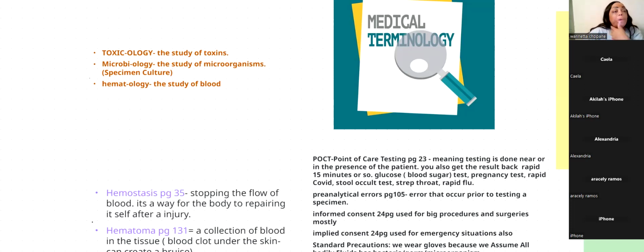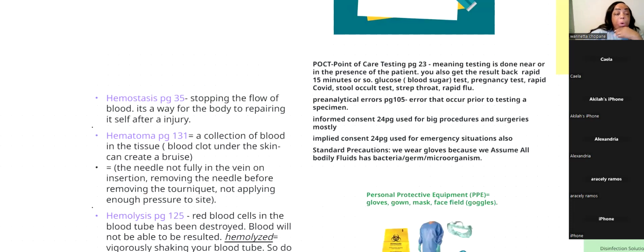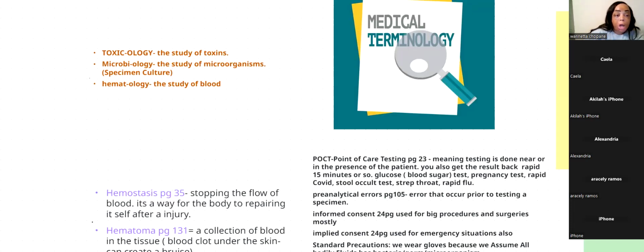So when you see them on a quiz or a test, you will be very well aware of what they are, okay? And it will not be tricky questions. As long as you know the definition, you should be fine, okay?